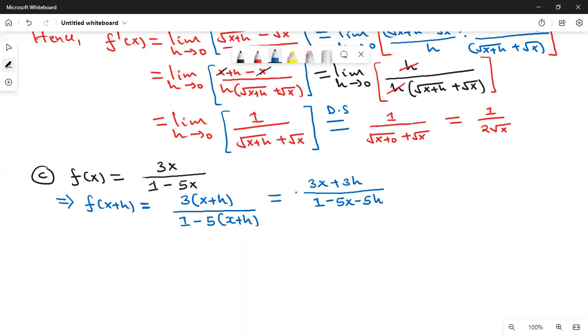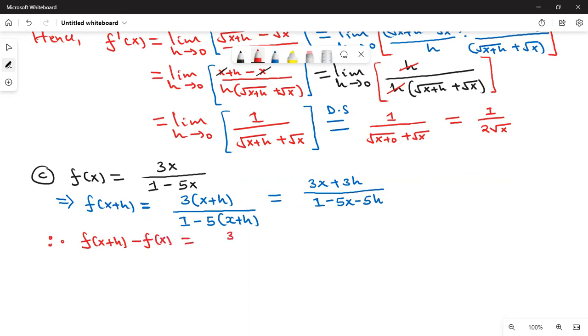Now we need to subtract f of x from f of x plus h. So you can say that therefore f of x plus h minus f of x. What will that give us?